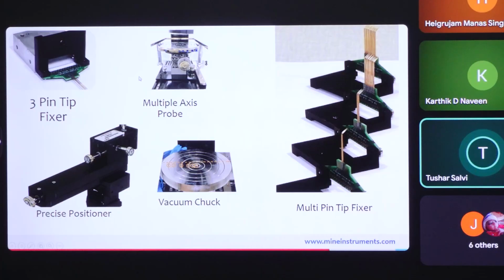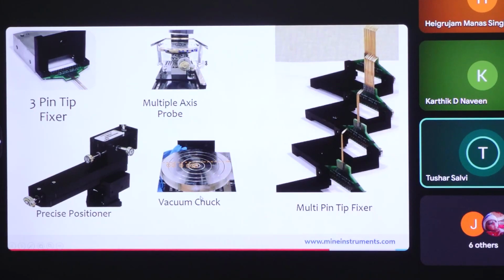By using a single micro positioner, you can put 12 tips in a specific direction on your wafer and you will get the data. You do not need 12 or 13 micro positioners. Instead, we use a single micro positioner with this tip fixture mounted on it, and you get the data from that fixture.